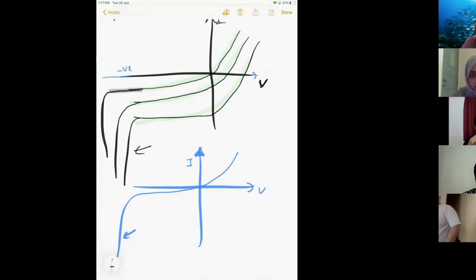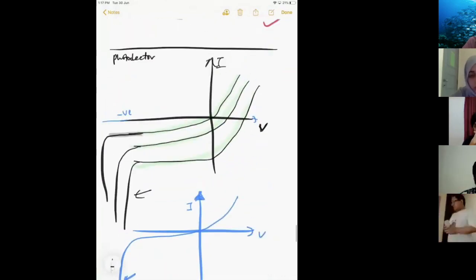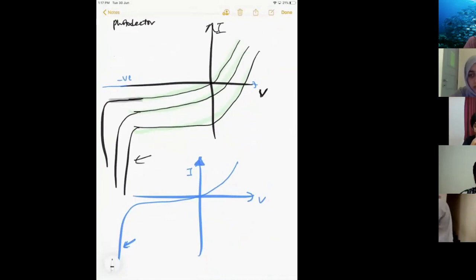For a normal PN junction, this is the operating region, inside here. You get the current here for a certain intensity, another intensity gives this much, another this much, right? So the intensity will determine the level of current. The higher the intensity, the more electron-hole pairs we produce, right?